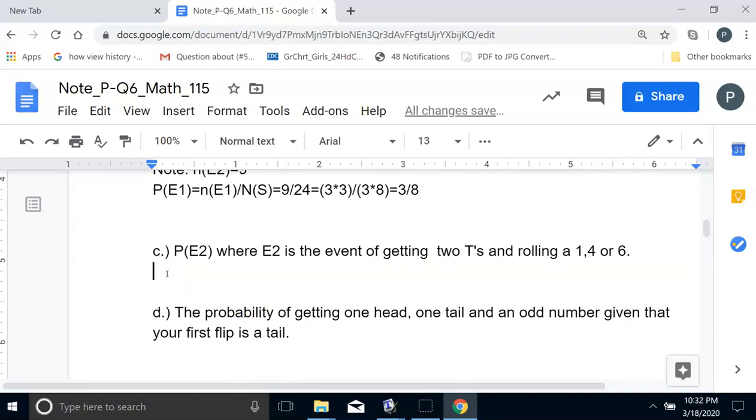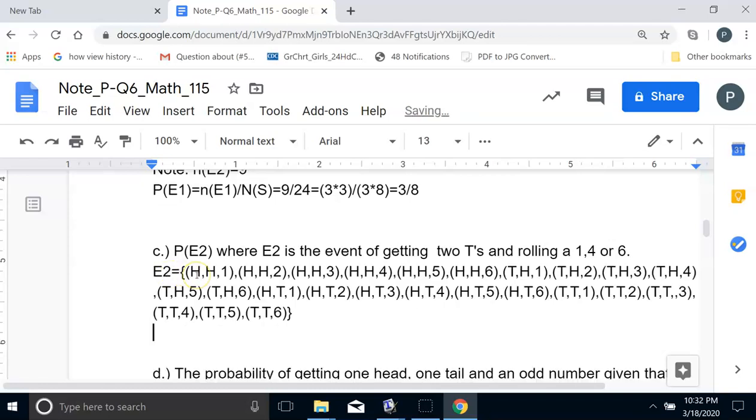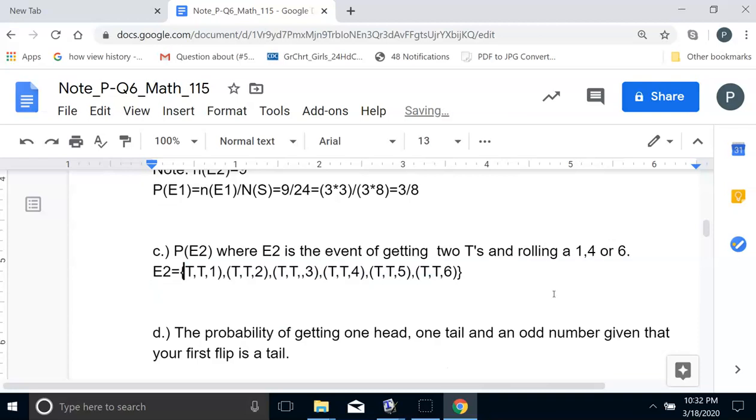Part B, which is talking about event 2. Event 2 is getting 2 tails and rolling a 1, 4, or 6. So let's take our sample space. We need 2 tails, so we're just going to be left with all the tails. So take all these away. Within those we need a 1, 4, or 6. This one has a 2 and a 3, take those away. It's a 4, take the 5 away. So therefore that's event 2.